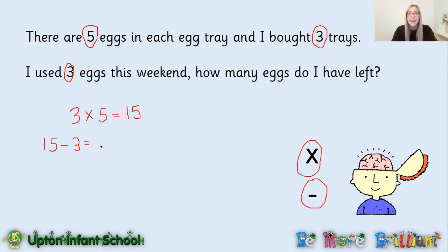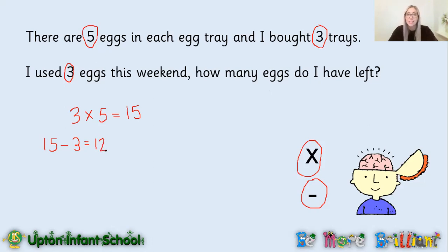Equals, let's find out how many eggs they have left. So let's put 15 in our heads, 3 on our fingers, and because we are taking away, we are counting backwards. So tapping our heads, 15, 14, 13, 12. My answer is 12.